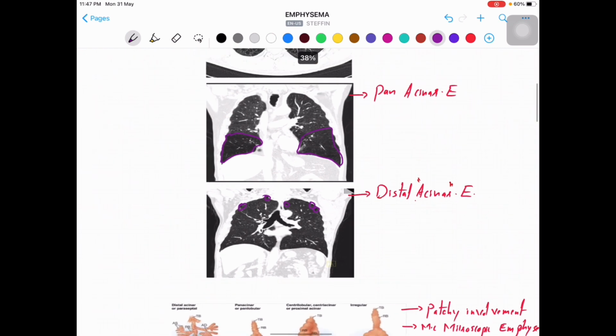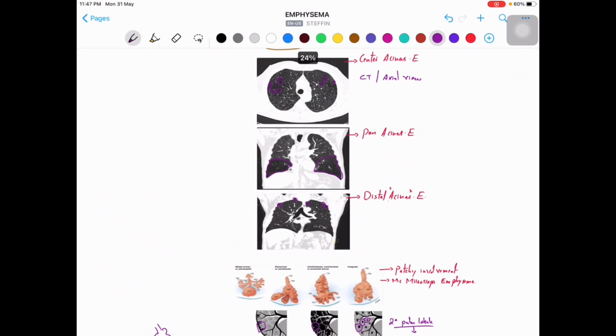So this is about emphysema. Let's recap what we studied today.